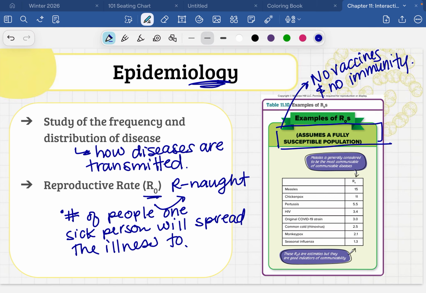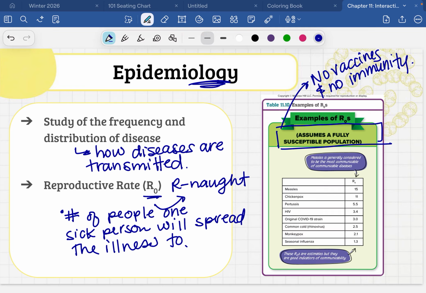But this is assuming everybody in the population is capable of getting that illness. There's been no vaccination, no other illness, there's been no immunity given to this population. Okay, so assuming a base population of completely susceptible people, people that are capable of getting this illness.